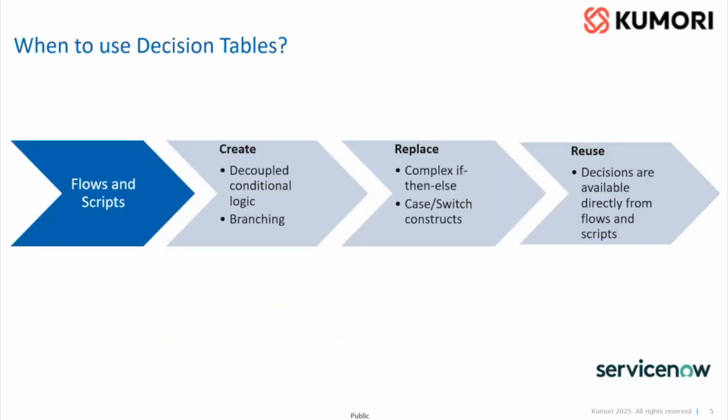Next is when to use decision tables. We are given 3 unique opportunities. The first is create. When you are creating a new technical object for a new use case, and you find that your logic or requirement is something where you can decouple the conditions, or you need to drive some results, or a non-technical person needs to interact with this, as I explained before, that's where you can use decision tables.